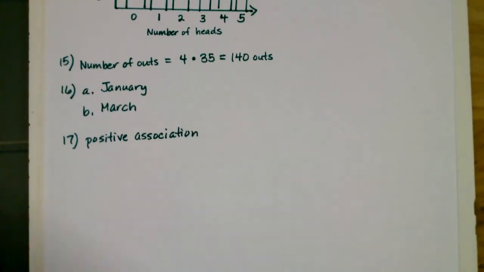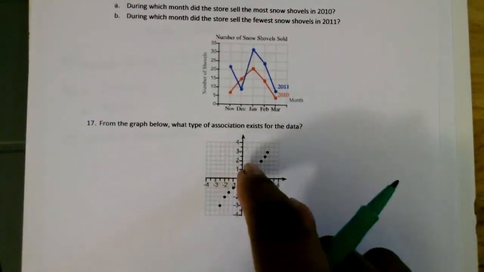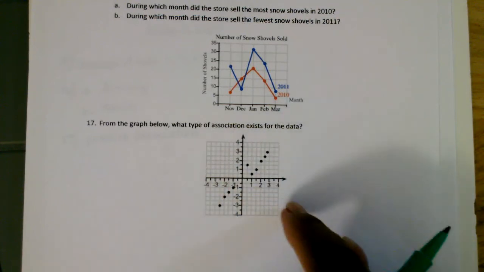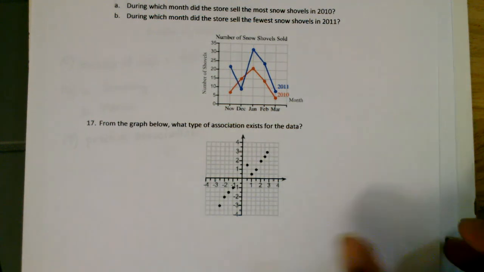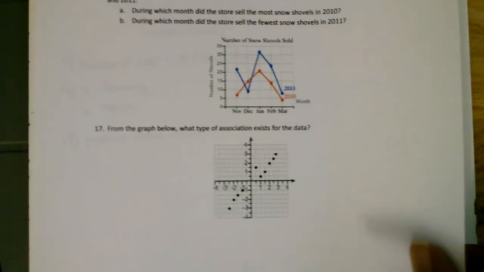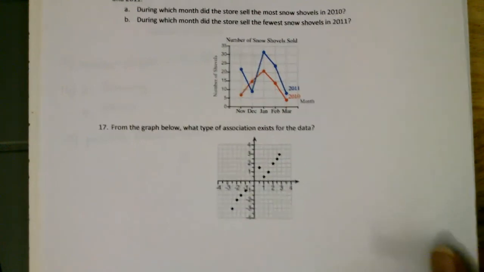Now, I'll explain this. If the points fell from left to right, then you have a negative association. Now, if you have points scattered all over the place, then that means that there is no association for those points or for that graph.